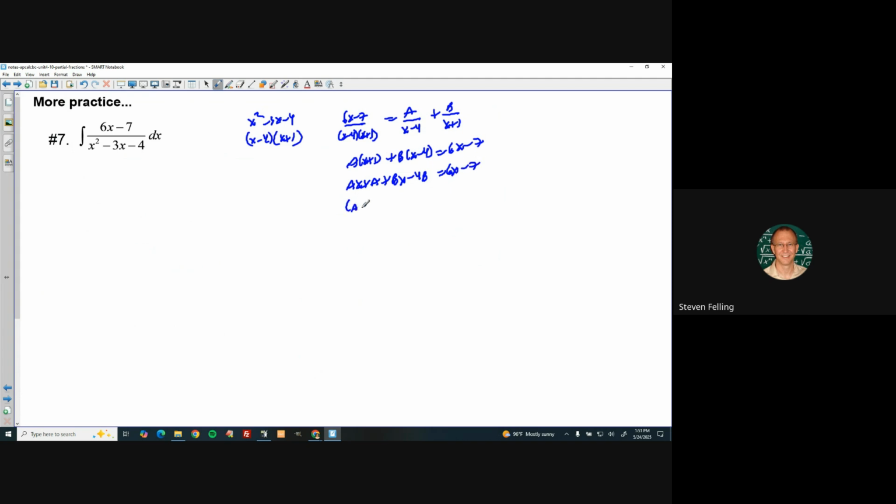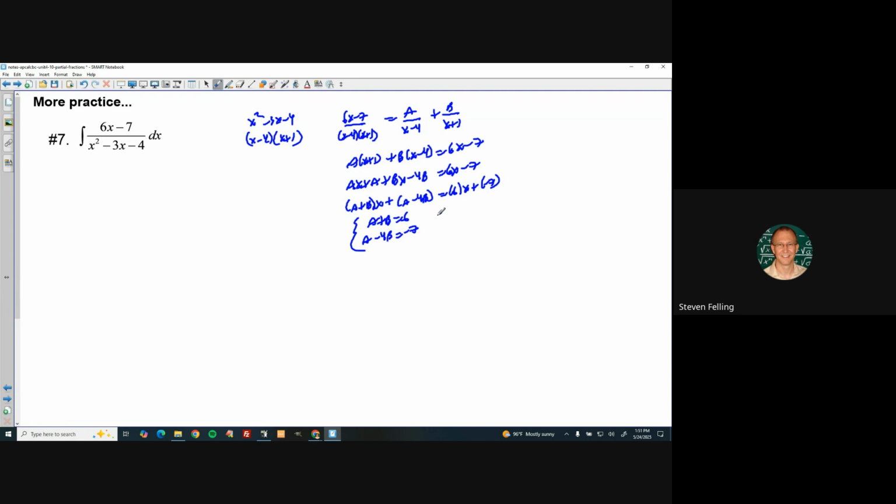Gather like terms. ax plus bx is a plus b x's. Then we have an a over here for the constant minus 4b equals 6x's plus a constant of negative 7. So a plus b would be 6. And a minus 4b would be negative 7.